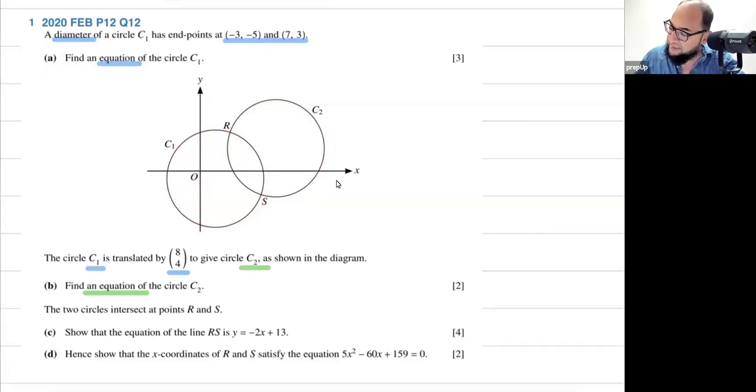Let me use the coordinates A and B. So this is A, (-3, -5), and this is B, (7, 3).